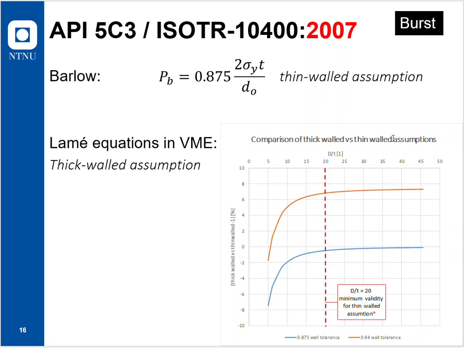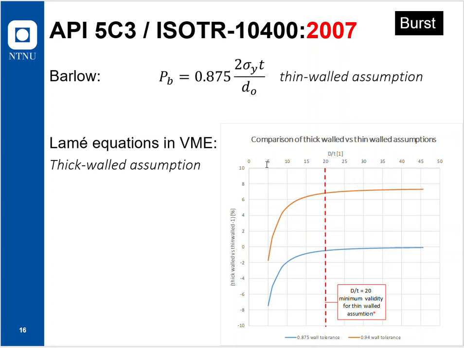thick-walled and thin-walled assumption, because what Barlow did when he presented his formula was to say that it's basically valid for thick-walled pipes, which of course it is not, but it is by coincidence, as it says in the standard, the same as for thin wall pipes.